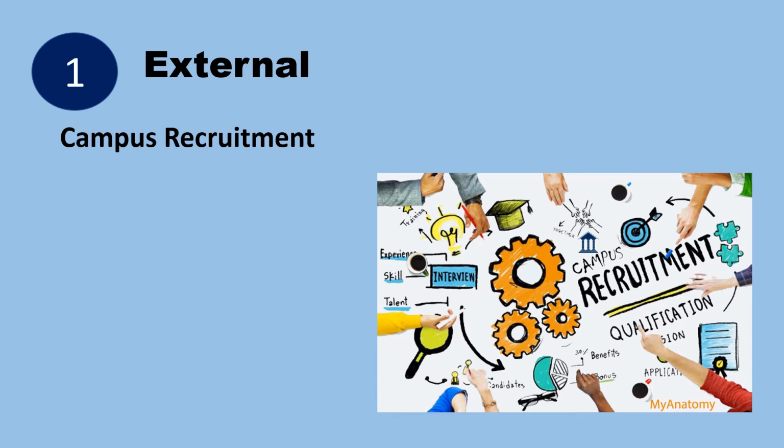Campus recruitment is very common in professional campuses such as engineering colleges or B-schools. It is an important source of recruitment where employers hire from campuses directly, and the number of candidates they hire through campus recruitment is normally high. So that is the process of campus recruitment.